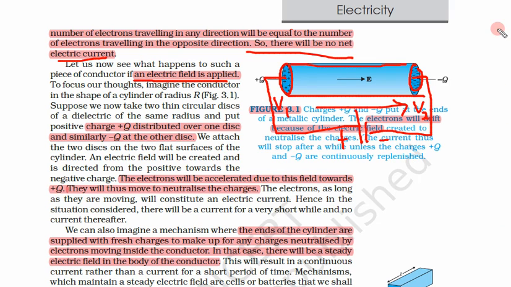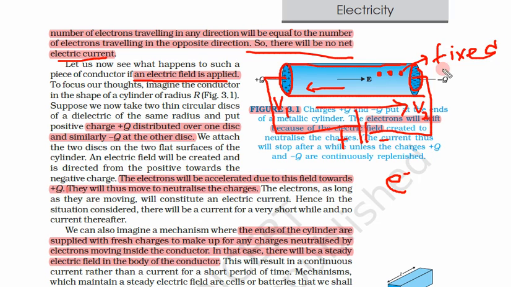Now we know in metals and conductors the charge carriers are electrons. Since electrons are negative, so electron will try to move towards this positive side, and we have already assumed that the positive charge carriers, which are ions, are already fixed, so they are not moving.